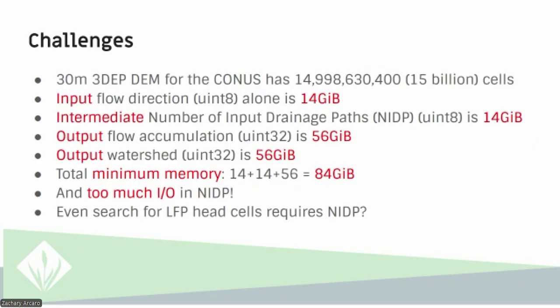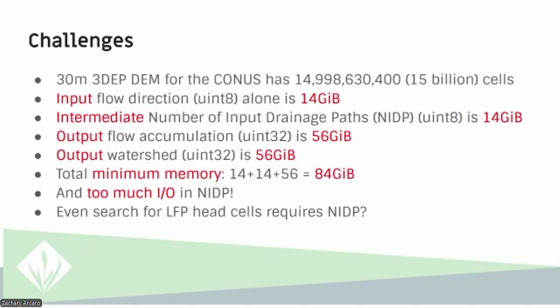So the 30-meter DEM for the CONUS has 15 billion cells, and for input flow direction we usually use 1 byte per cell, meaning input flow direction alone takes up 14 gigabytes of memory. And most of those previous existing solutions use intermediate matrices or intermediate outputs, and they take up almost the same space, like 14 gigabytes.